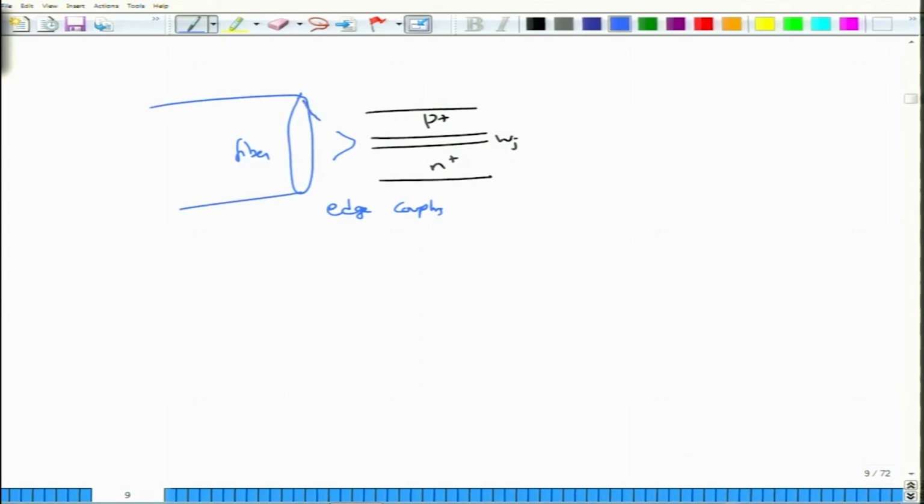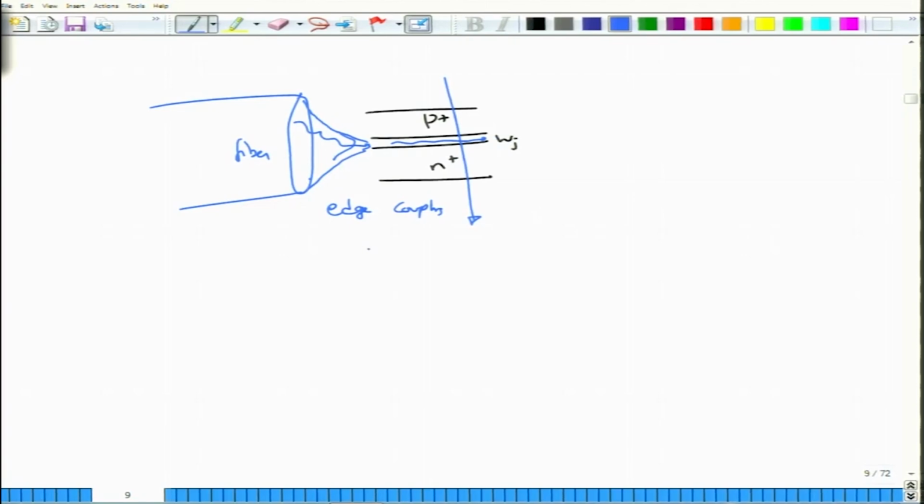So, what you can do is put a taper which will take the light in a very structured manner and put it into the junction directly, and here the optical wave would propagate along this way, while the biasing can be done vertically, and the problem with small Wj does not really arise with this particular structure. Okay.